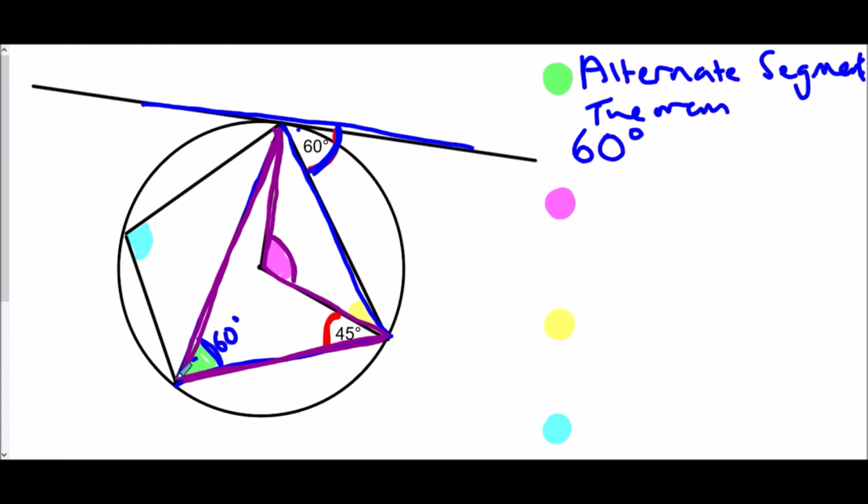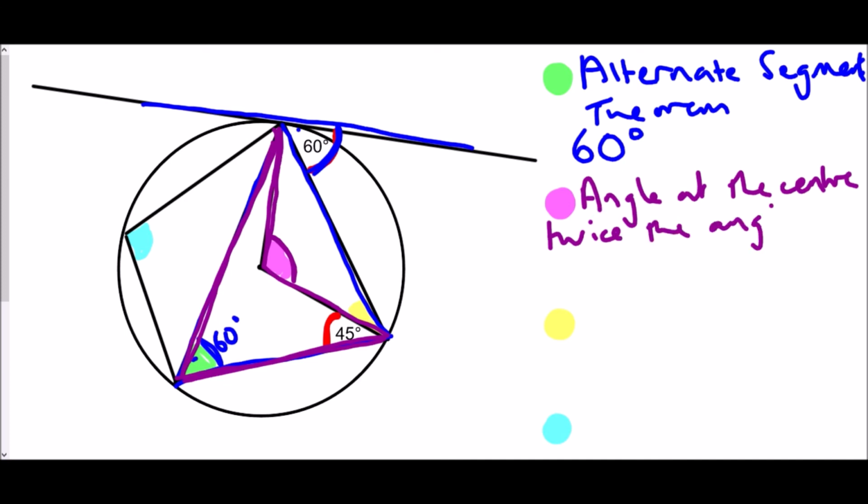And so this one is going to be using the rule angle at the centre twice the angle at the circumference, and therefore if this angle is 60, then the one at the centre must be 120 degrees.